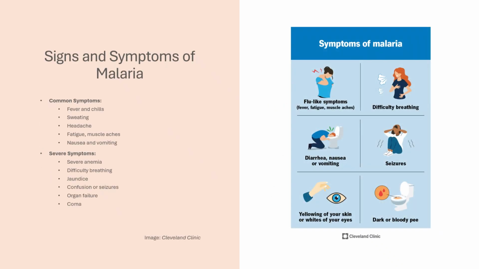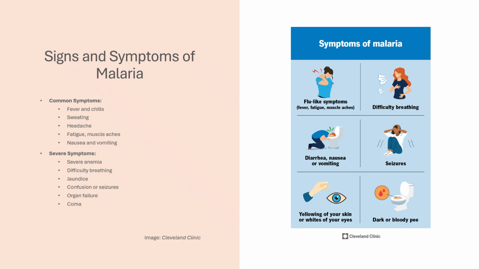Next up, I'm going to talk about signs and symptoms of malaria. They usually begin between 1 and 4 weeks after infection, depending on the species involved. Early symptoms often resemble the flu, and they can include fever, sweating, fatigue, nausea.